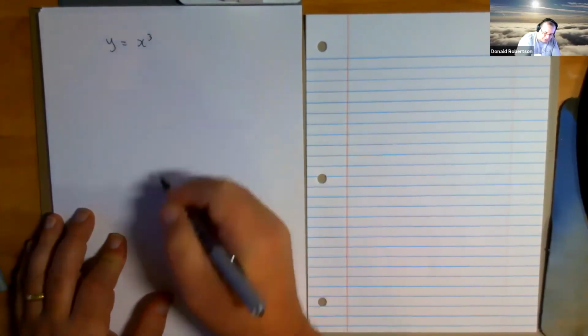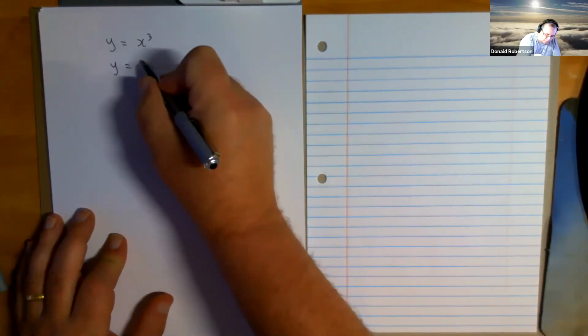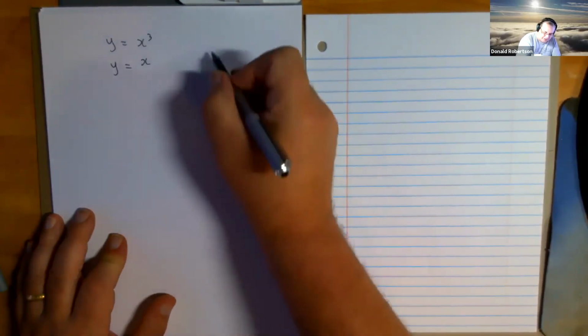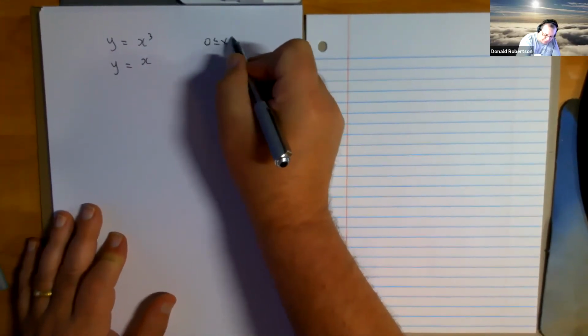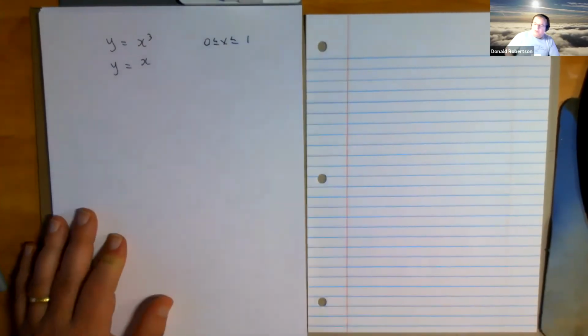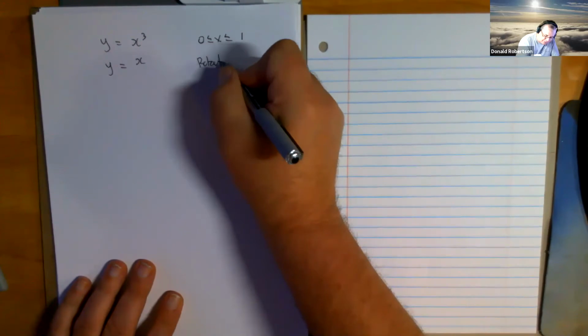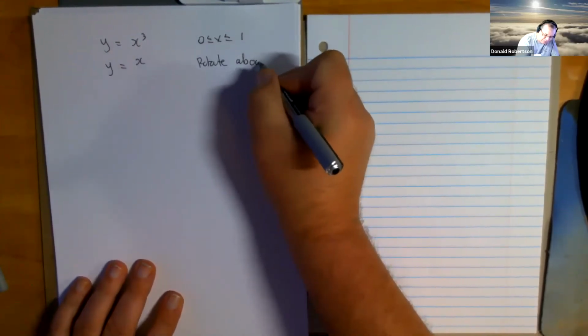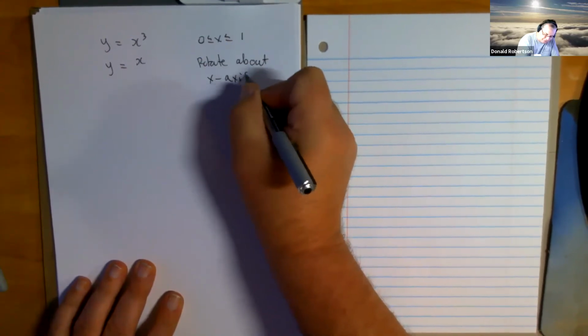Suppose I have y equals x cubed, and I have y equals square root of x, and I want to do it from x equals 0 to x equals 1. And I want to rotate it about the usual x-axis.